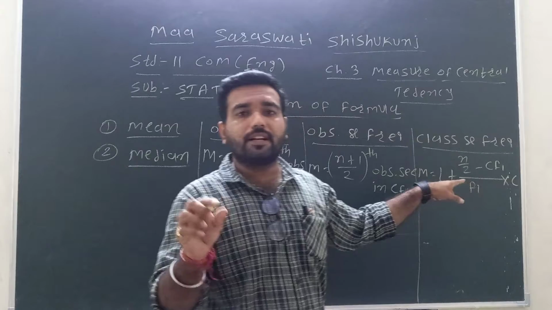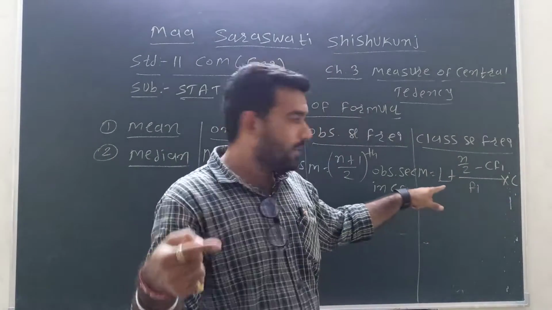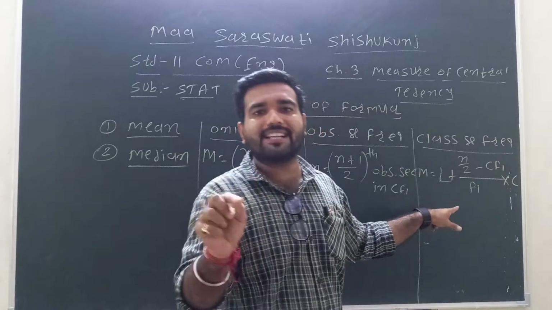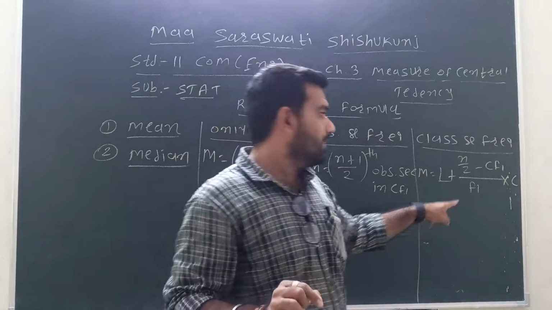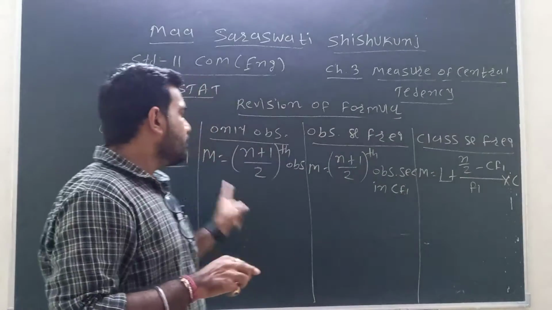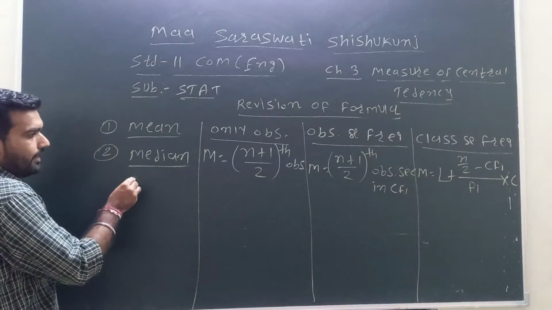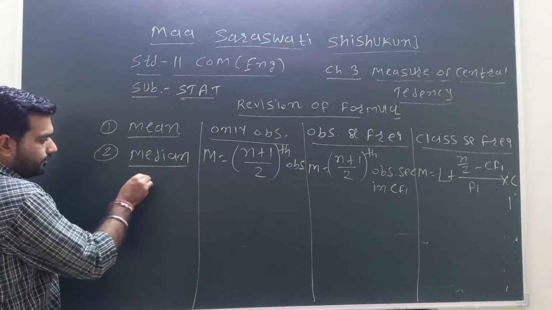CFi means the cumulative frequency of the class above the one where n by 2 lies. Frequency fi means the frequency of the same class where n by 2 lies. C means class length and L means lower boundary. So here is the formula of the median. Next, included here are the quartiles.